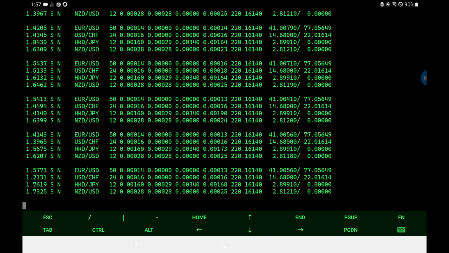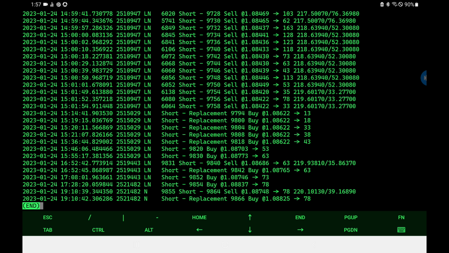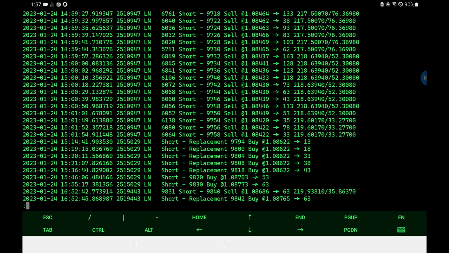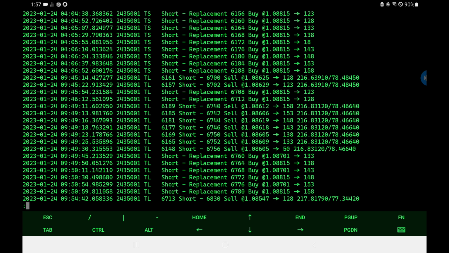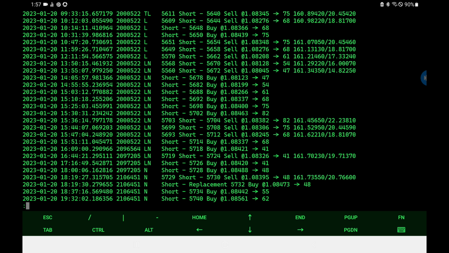So let's get into the log and really look at exactly what happened. Now this is the bottom of the log. Let's go back to the top of it, back to when the margin really just unloaded.